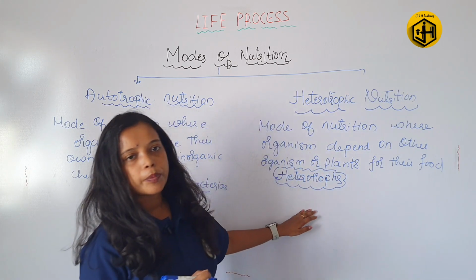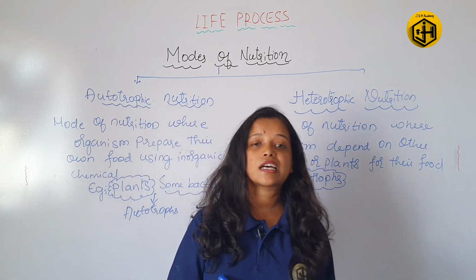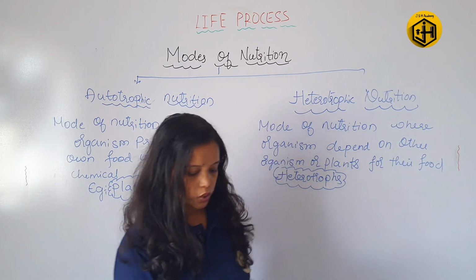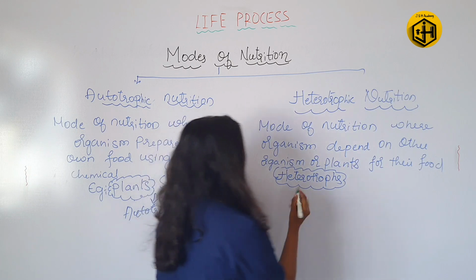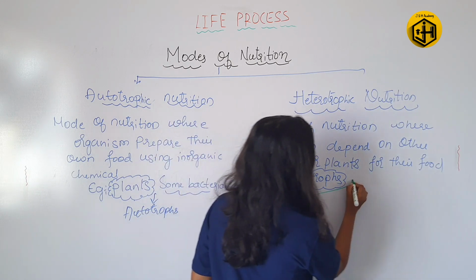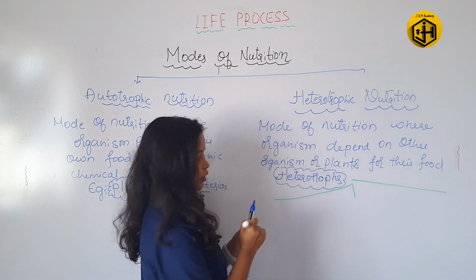So heterotrophic mode of nutrition is again further divided into 3 types. Which are the 3 types of heterotrophic nutrition?